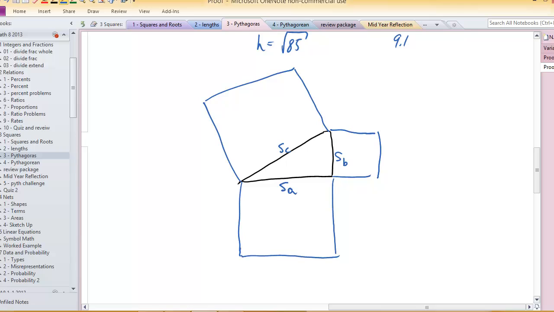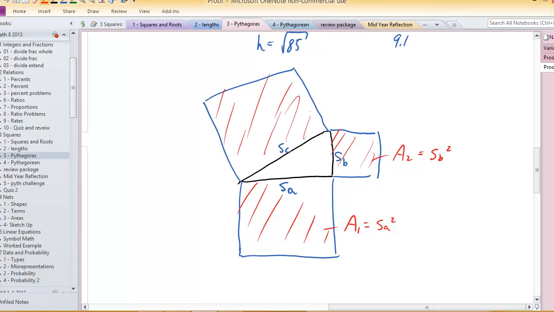If you take the area produced by side A, call this area 1, equal to SA squared, and then area 2, which is SB squared, and area 3 is equal to SC squared.